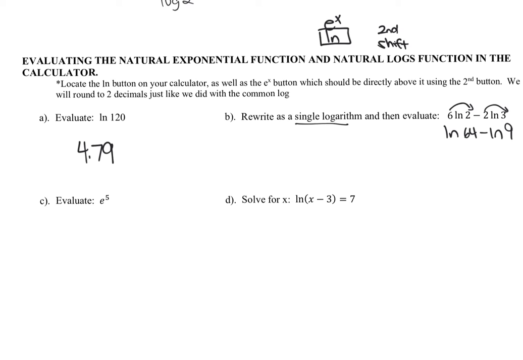And then we're going to get the natural log of 64 divided by 9. And now when I type that into the calculator to 2 decimals, I will get 1.96.